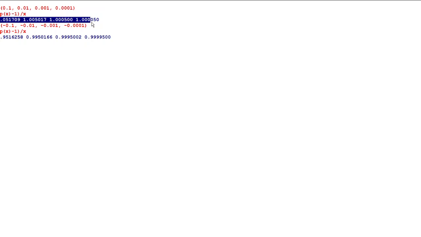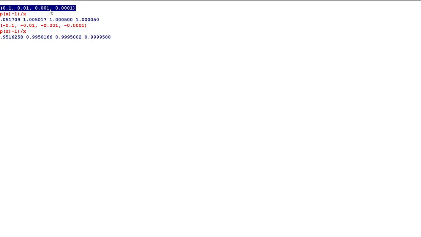Okay, so can I ask you to take a look at that row. This row has the values of x to the right of 0, very close to 0 and getting closer and closer to 0. We say these are the numbers approaching 0, right?